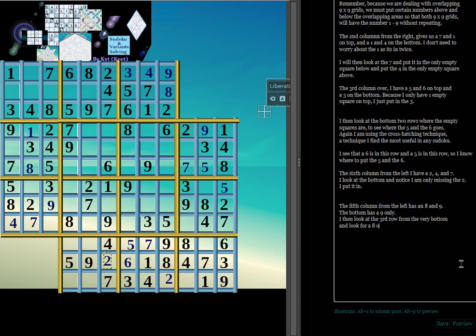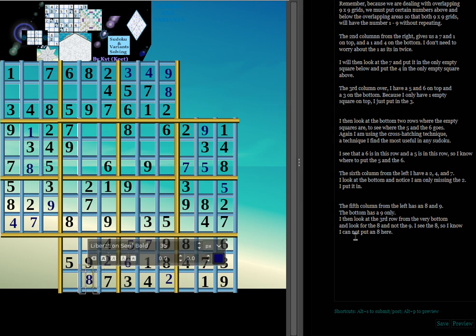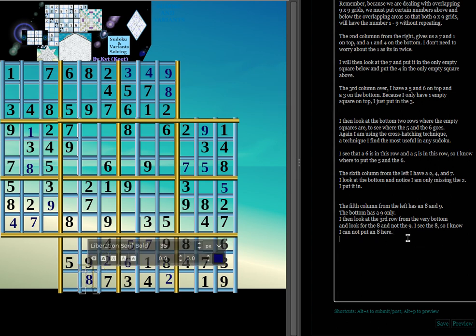I look for the 8 and not the 9. I see the 8, so I know I cannot put an 8 here. I put the 8 down here instead.